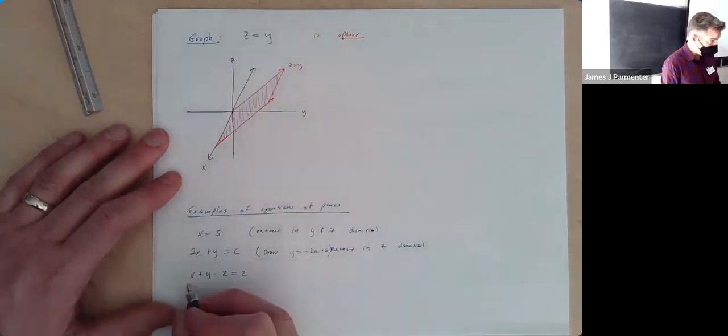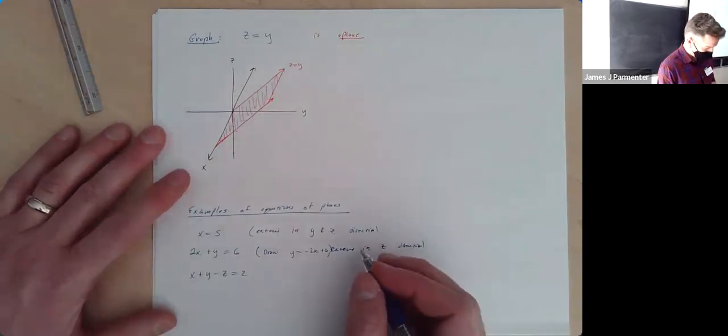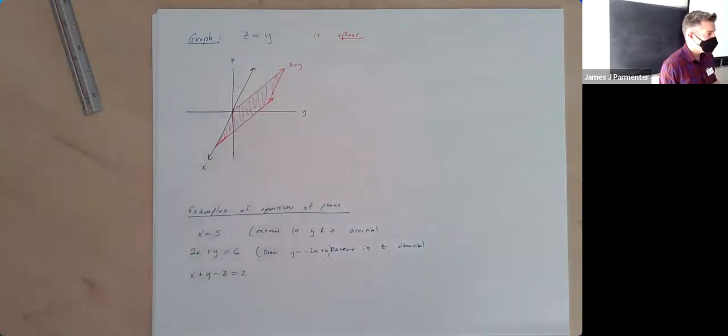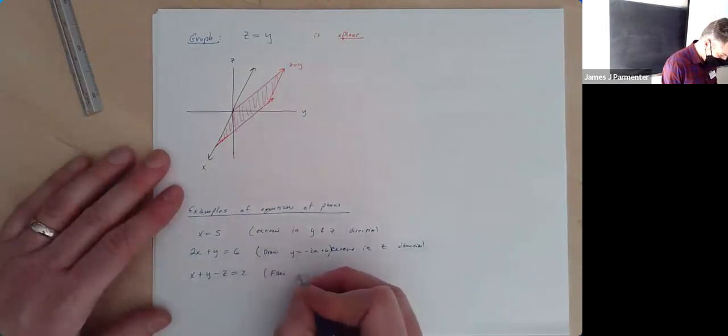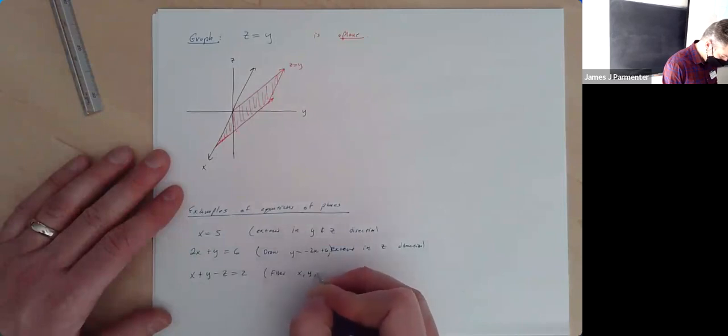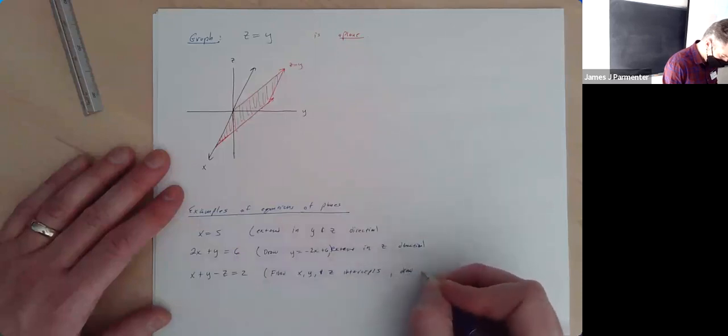For ones where you have all three variables, unless it goes through the origin, which is kind of annoying, you find the x, y, and z intercepts and then draw the triangle that connects them.